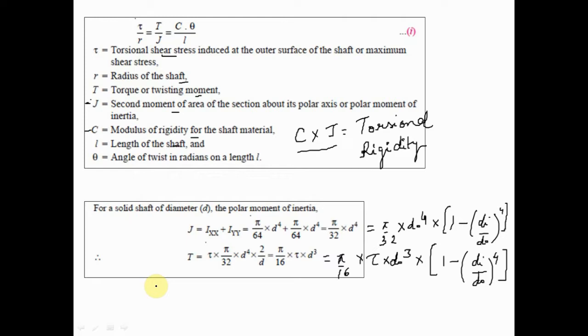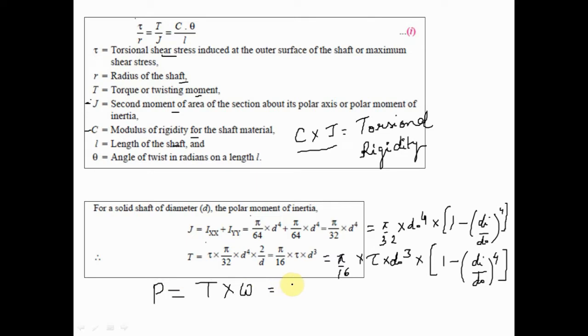Okay, so these are the formulas that we'll be using in the questions. Before I start with the questions, one more formula that you have to know is power transmitted by a shaft, which is equal to torque times the angular speed, and angular speed is equal to 2 pi N by 60.